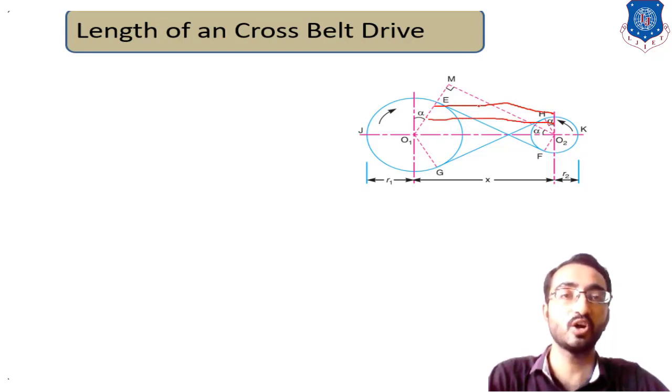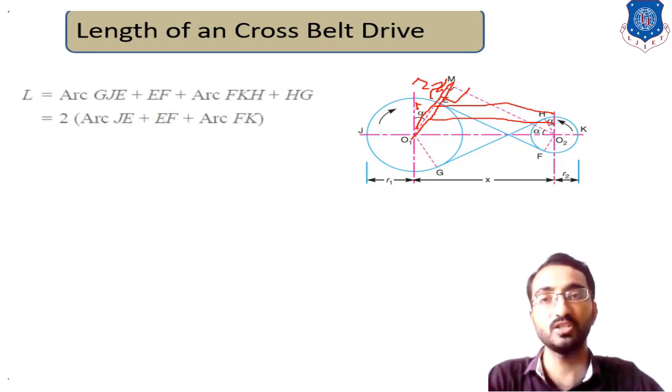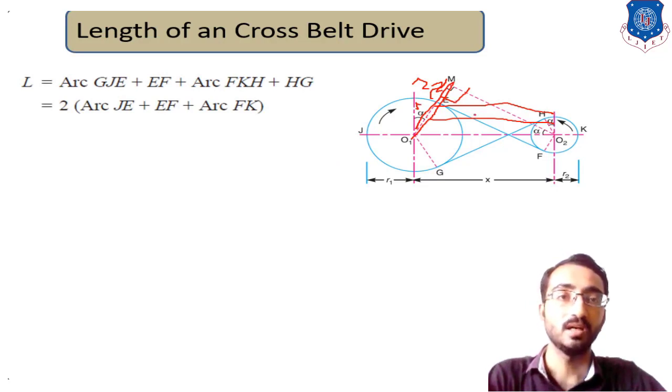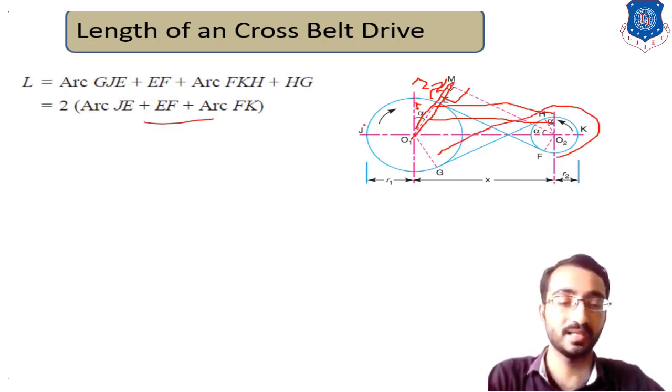But over here it is a cross belt drive, so your arrangement is made in such a way that now you have to get this perpendicular angle, you have to add this radius r1 and r2. Okay, so by applying this simple change, over here you can again calculate that the total length is equal to arc GJE plus EF plus FKH plus GH.